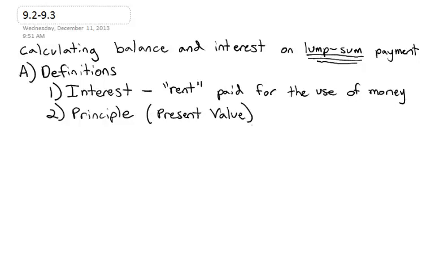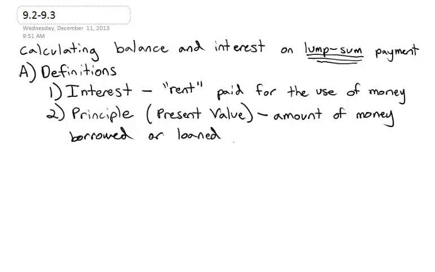The principal or the present value is the amount of money borrowed or loaned. It's the value of the money right now. If I loan you $100, right now the present value of that money is $100. You're going to pay me back more later. That's a future value, what you're going to pay me back. But right now, the amount borrowed or loaned is the present value.